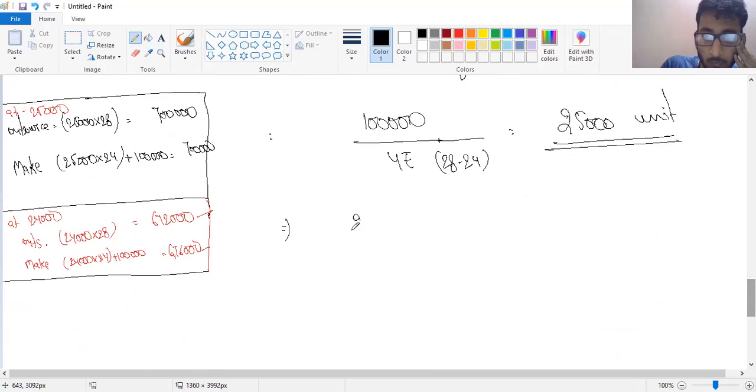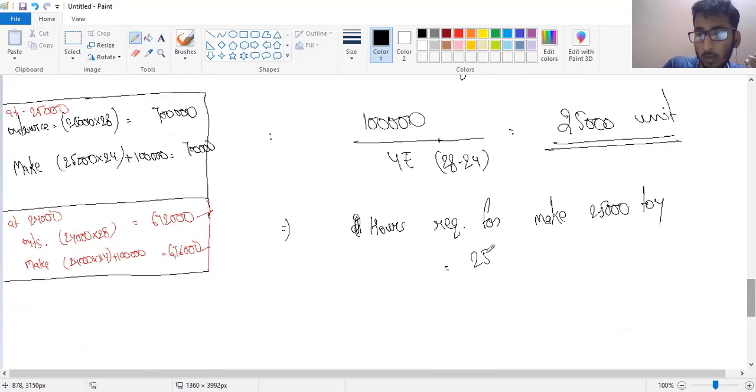So, hours required for making 25,000 toys. What are the hours required? 25,000 divided by 16. I hope you know that in 1 hour, you can make 16 toys.